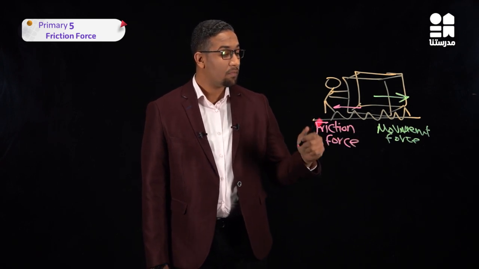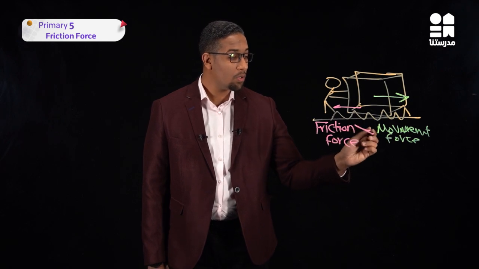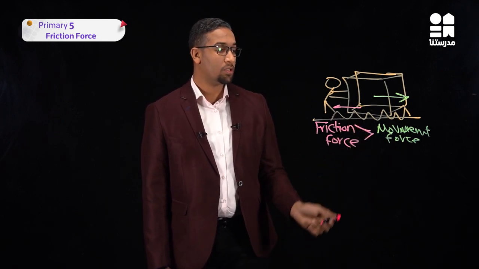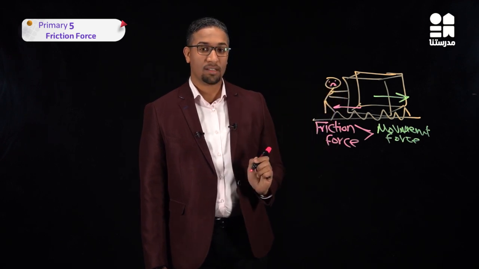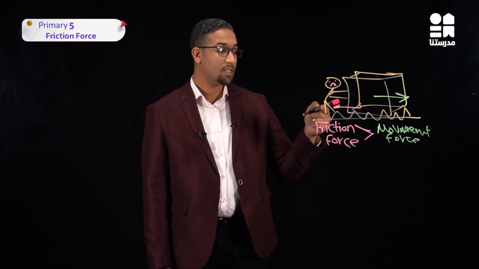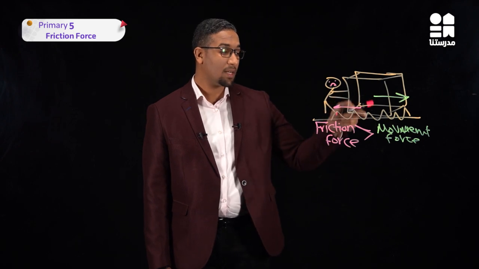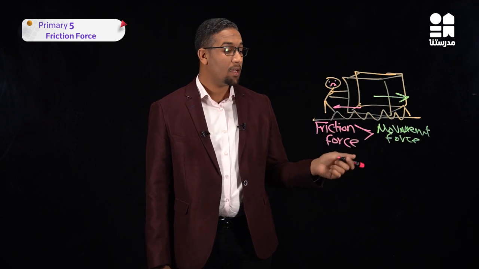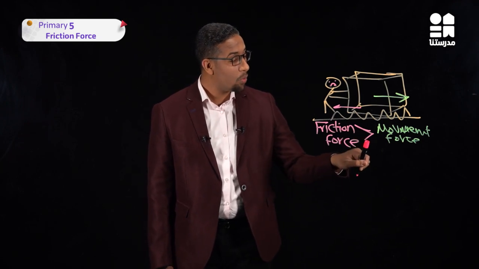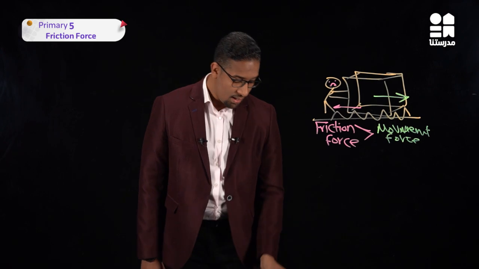So here, friction force is more than movement force. So this person can't move the box. This box will stay in its place without any motion. Why? Because friction force is more than movement force.